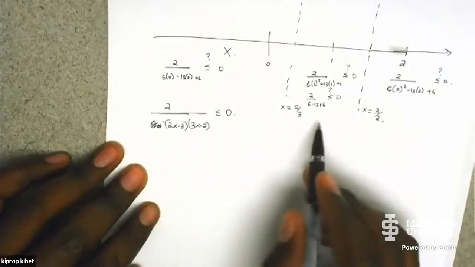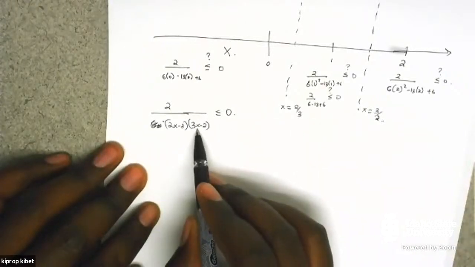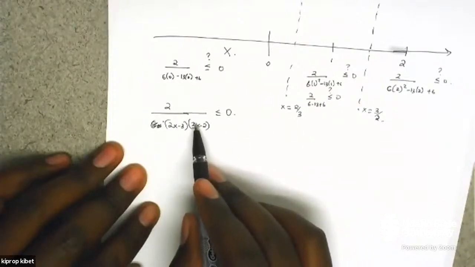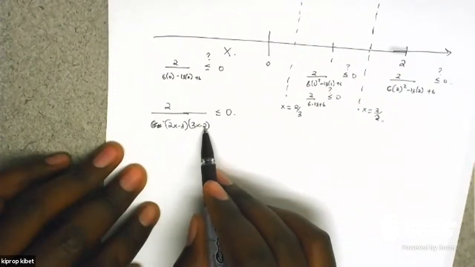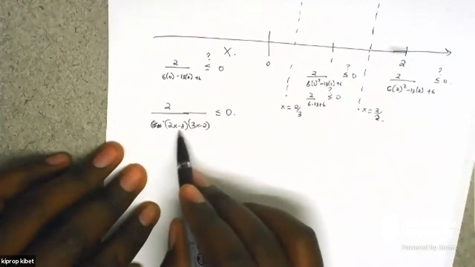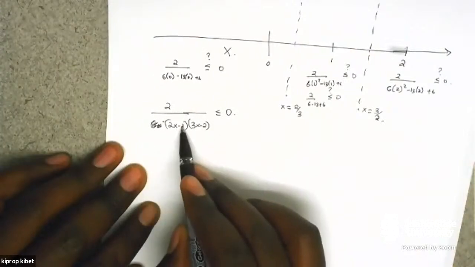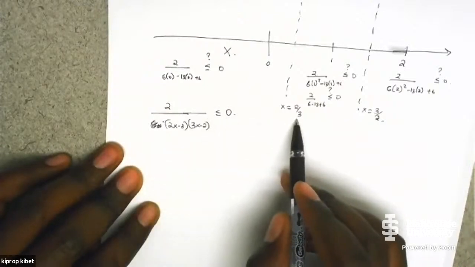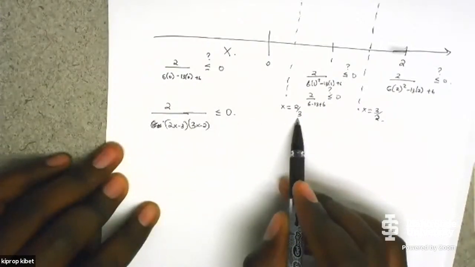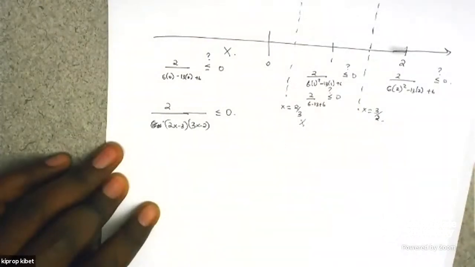So when we bring this 2/3 to this region, it will be 3 multiplied by 2/3, which will get what? 2. 2 minus 2 is what? 0. So if this is 0, then it will now be 2/0. Is it defined? No. So are we going to include this region? No. So we are not going to include that.